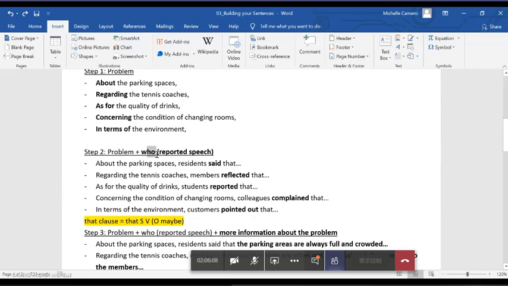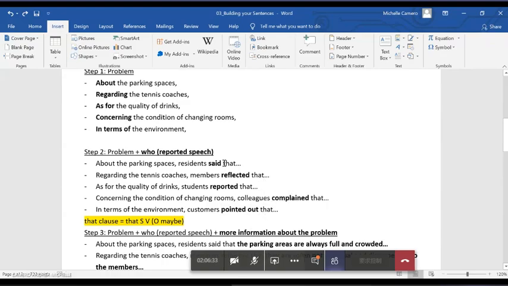And then after the people who complained, then you're going to use reported speech. Reported speech is when you tell your boss what the customer said when they complained. That is reported speech. So here we have said that, reflected that, reported that, complained that, or pointed out that. Those are all examples of reported speech.